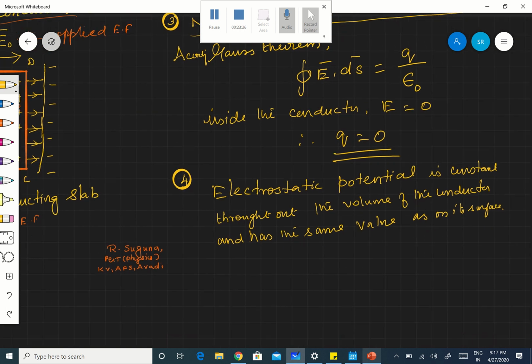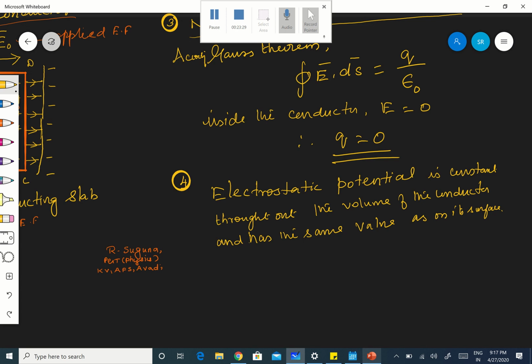Now you tell me, electrostatic potential is constant. How do you say this? You know that the electric field inside the conductor is E equal to 0.